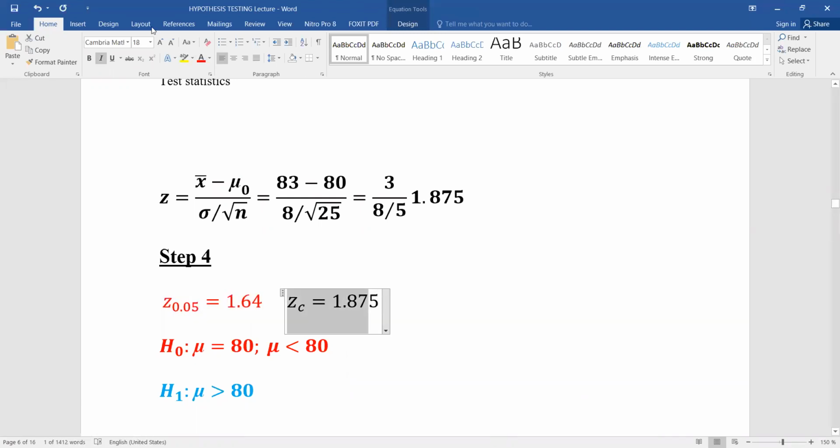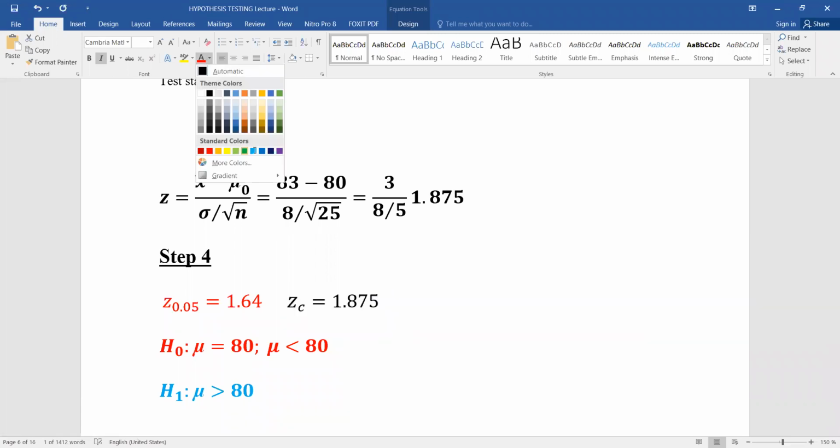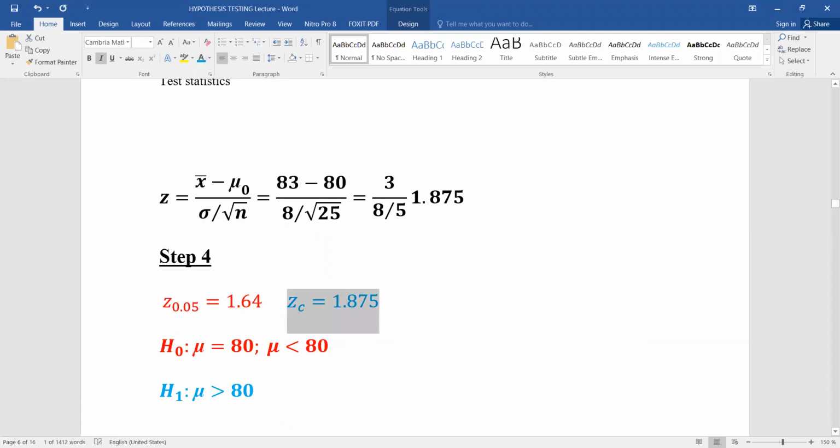Our value from the prosecutor is Z computed, 1.875, and Z from the tables is 1.64.